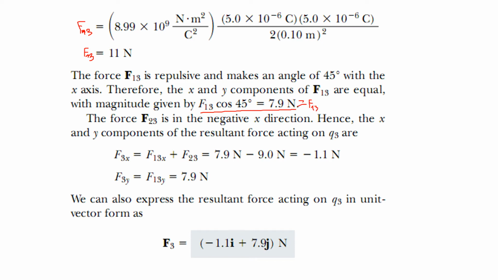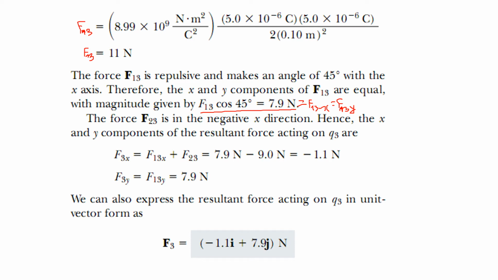This is equal to F13 along the x-axis, which is equal to the same force, the force that charge Q1 exerts on charge Q3 along the y-axis, because cosine of 45 degrees is equal to the sine of 45 degrees. And since the magnitude doesn't change, the y component and the x component of the force that charge Q1 exerts on charge Q3 are the same.